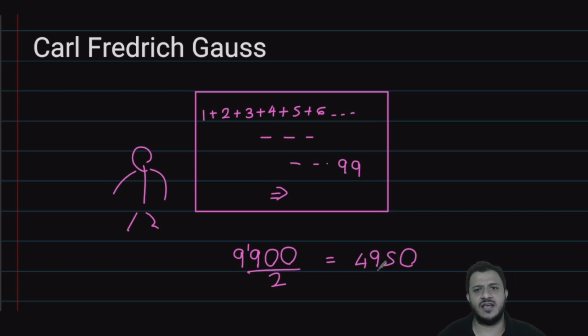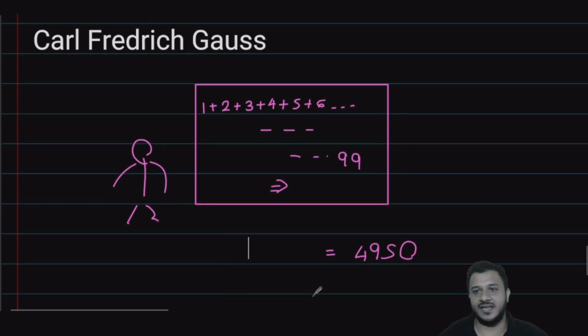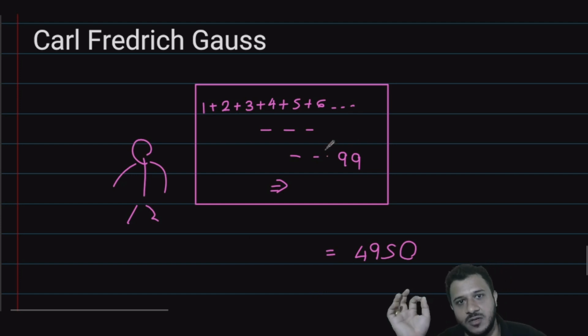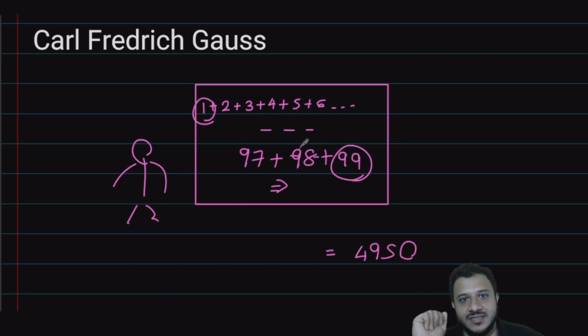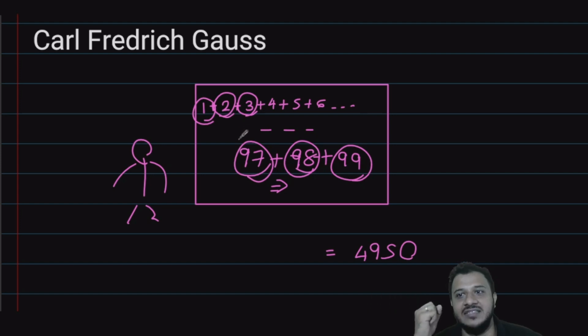Then the teacher asked, how did you do it? He said, okay sir, if you have a look, 99 plus 1, how much is that? 100. 98 plus 2, 100. 97 plus 3, 100.